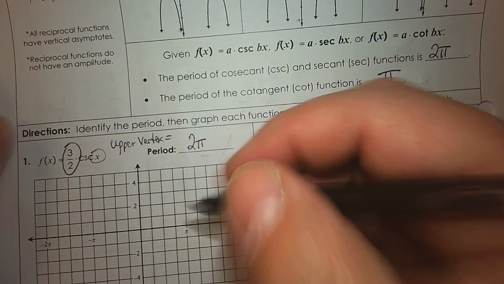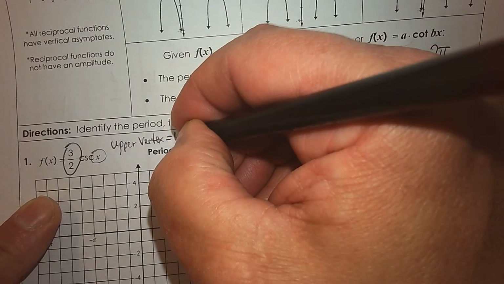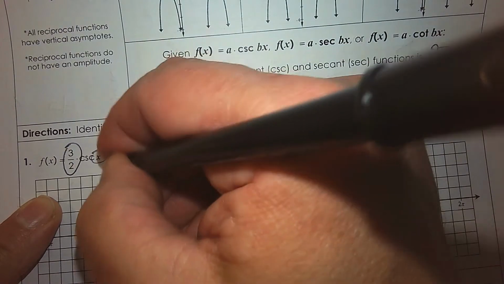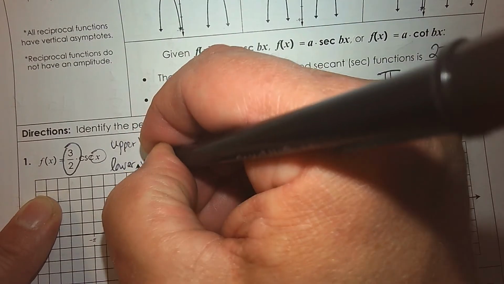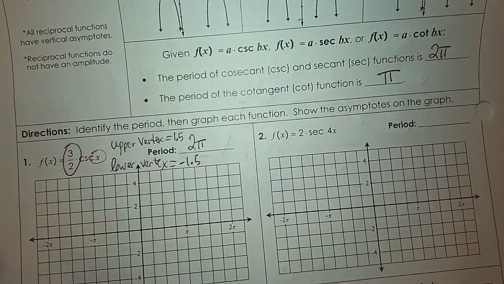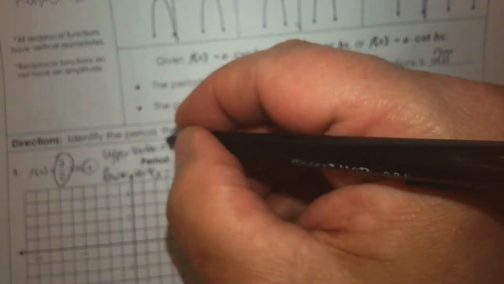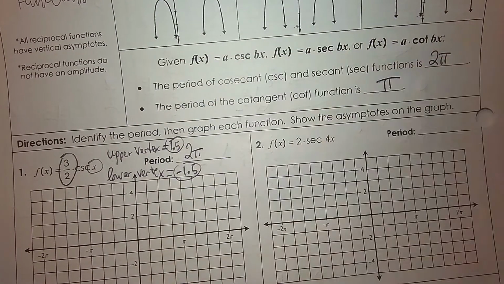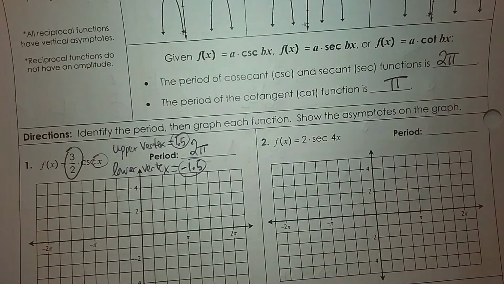So 3 divided by 2 is 1.5. And your lower vertex then would be negative 1.5. So where are your turning points now? That number in front changes where you put the turning point.